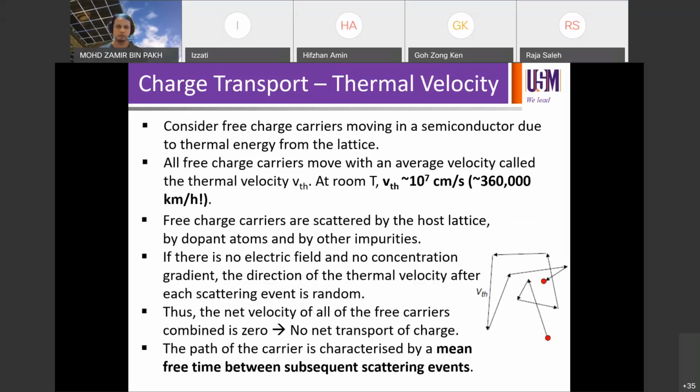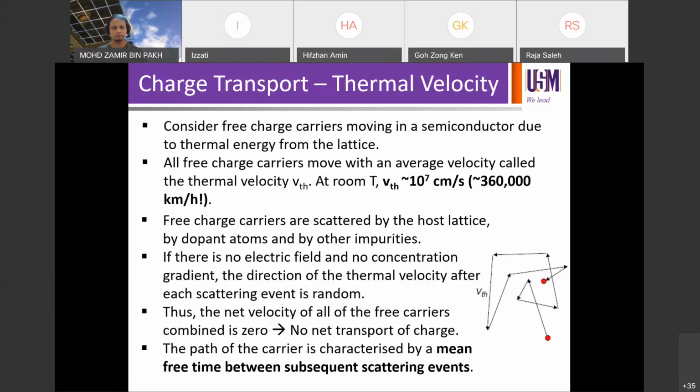So this is the default condition. At room temperature, the value of your thermal velocity will be somewhere around 10 to the 7 centimeters per second. If you convert this into kilometers per hour, you get 360,000 km per hour.